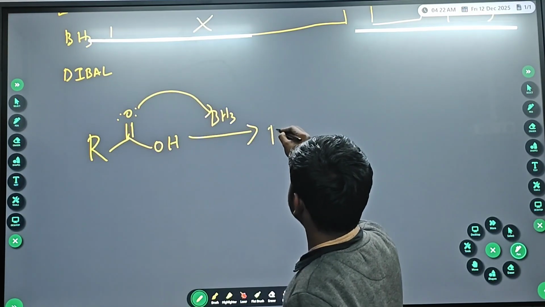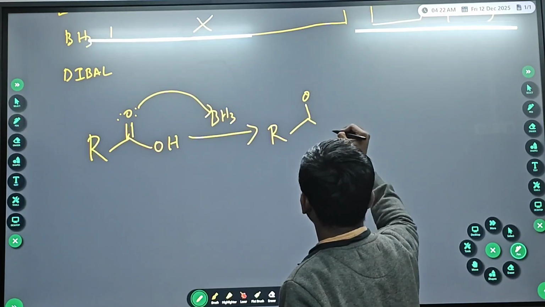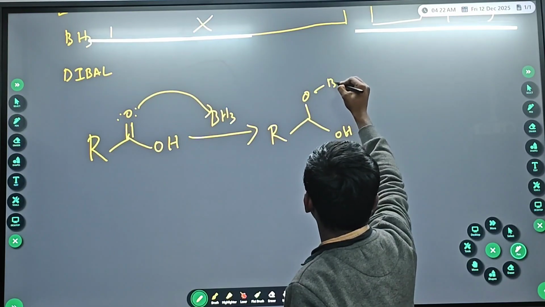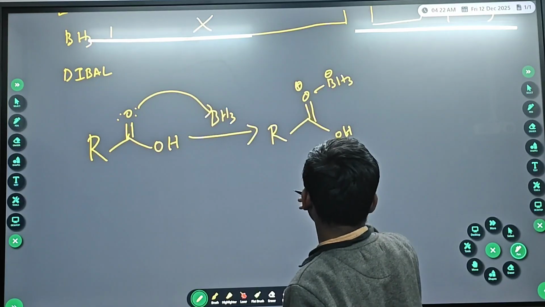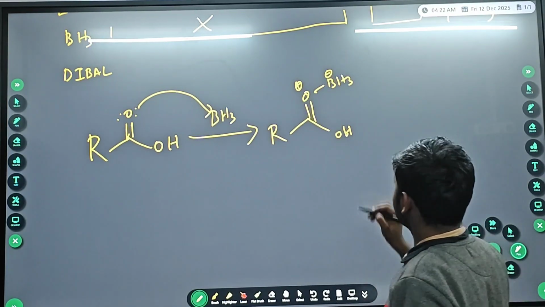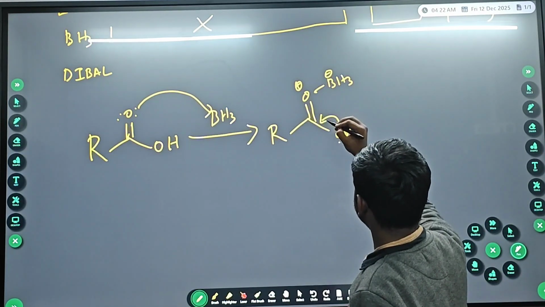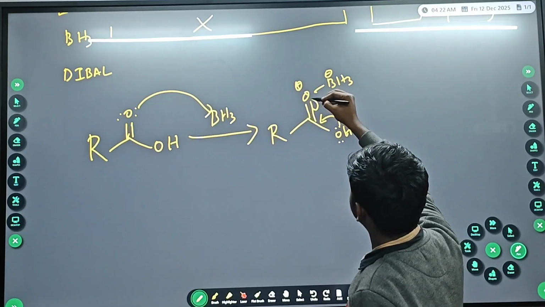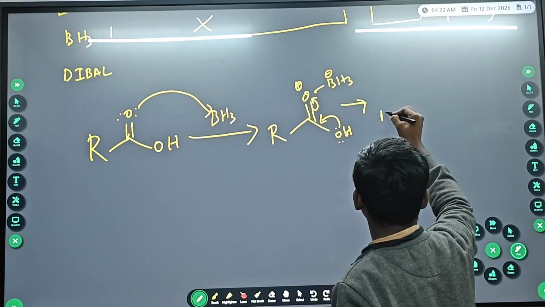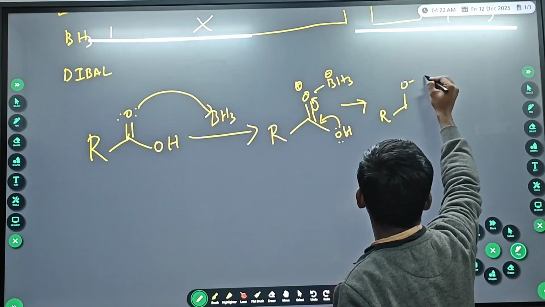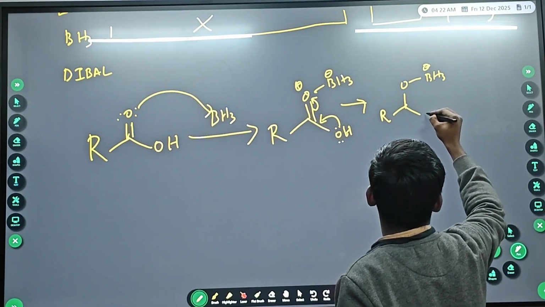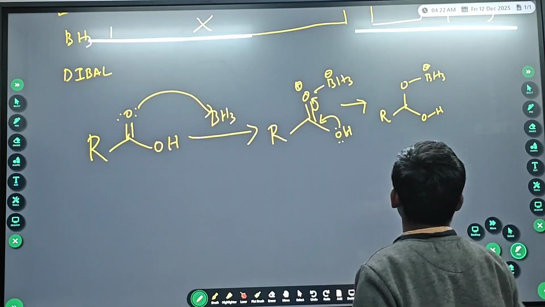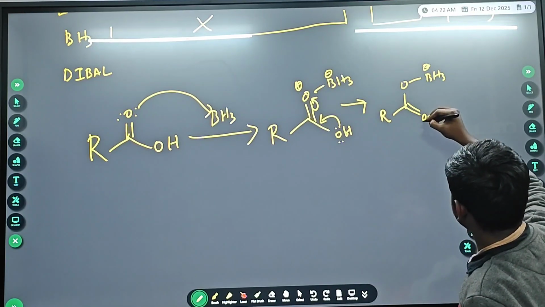As a result, BH3, this happens. So the lone pair will push onto this bond and the oxygen will be neutralized. The oxygen will be neutralized but the boron is still negative, so what now happens?